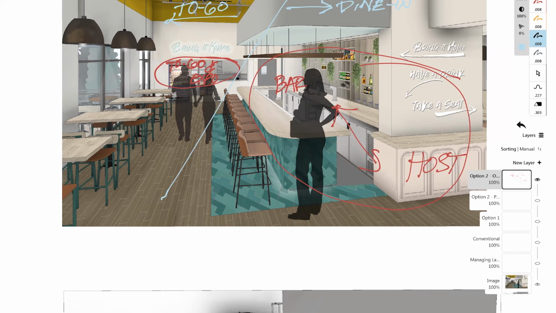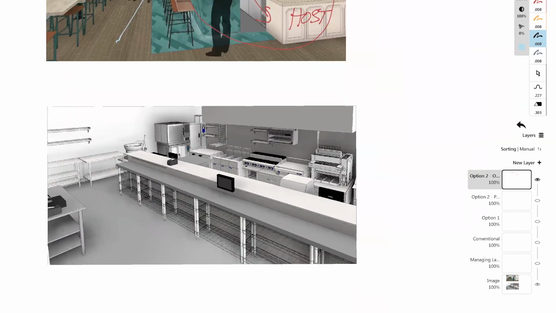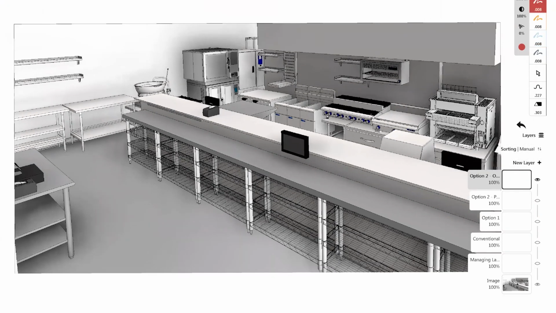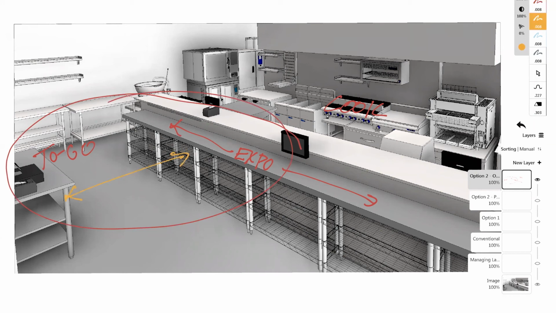And then you can see in the back of house, 3-dimensionally again, we've got our cook line, we've got our to-go station, and then we've got our expediter station here. You see how easy it is to combine these 2 areas, because look at how close it is.